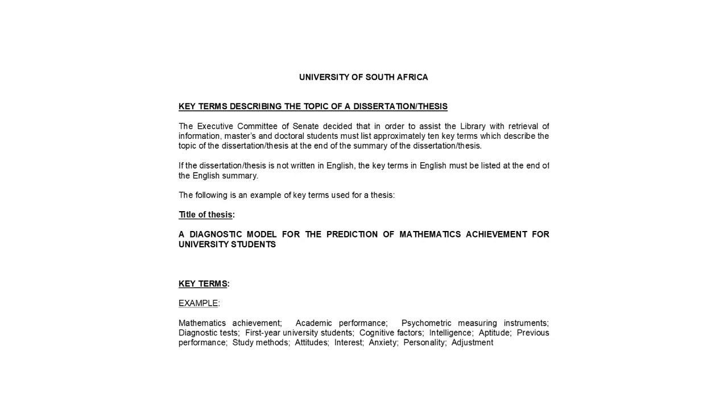So it also goes with the indexing, and this will make your study retrievable. So there's an example, for instance, the title of a thesis and then examples of key terms. But UNISA requires that you have 10 key terms, and you'll also find that in the document that they send to you.